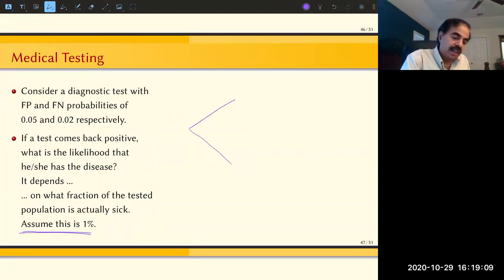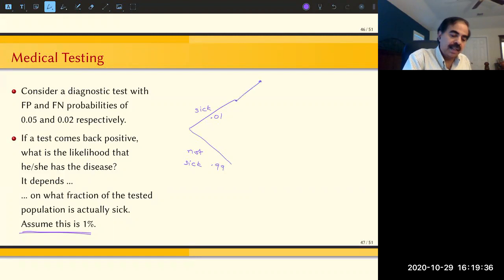So this is sick, not sick, right? And this is 0.01, this is 0.99.